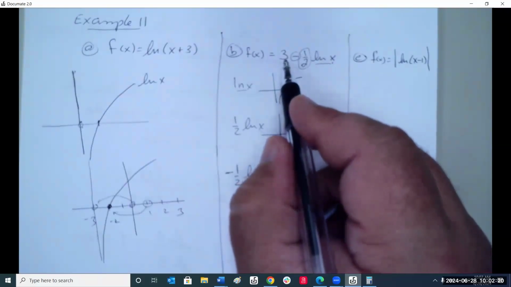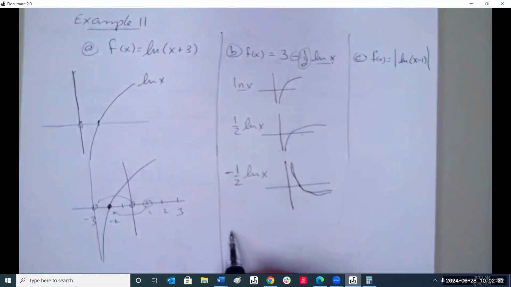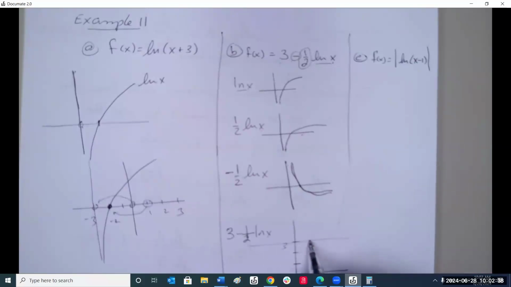Where? So the horizontal axis shifts up 3 spaces. So there's my new, so there's 1. The origin shifts to there. My x-intercept. So the graph looks like that.